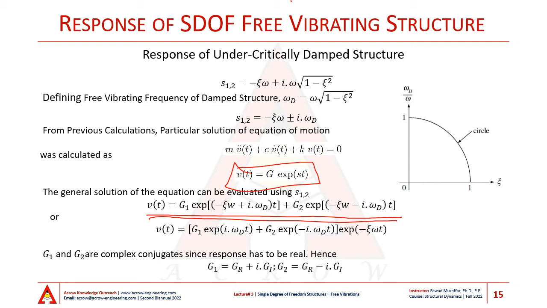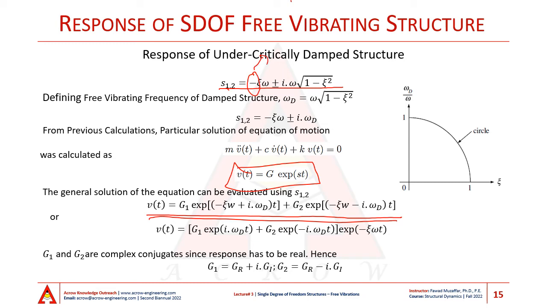But since I have jumped many steps ahead, we have missed a very important definition again. Our roots of the quadratic to calculate the constant S were expressed as this in the last slide, except that I missed the negative sign in the last slide.